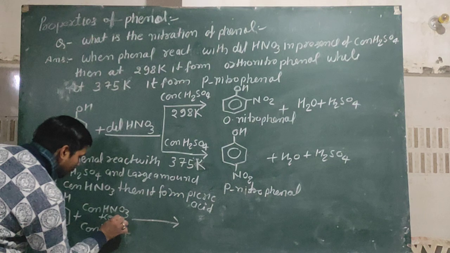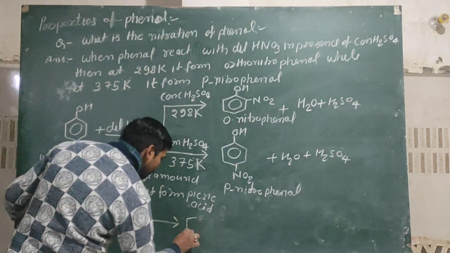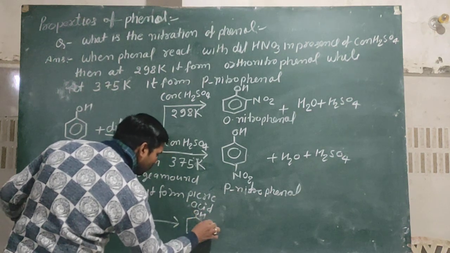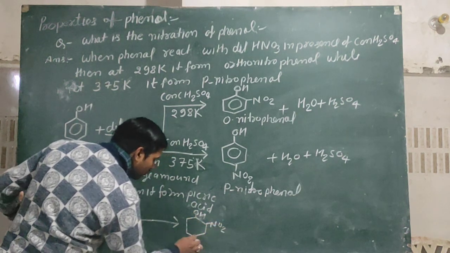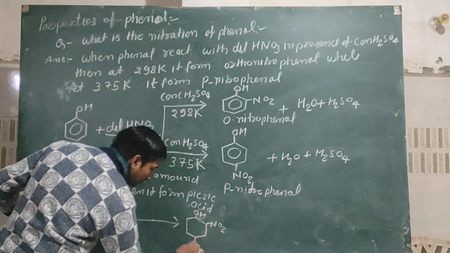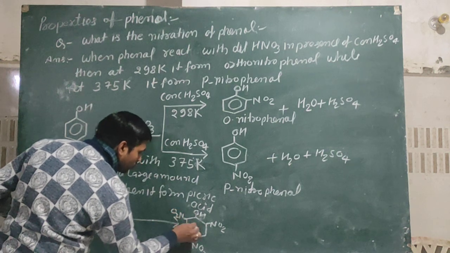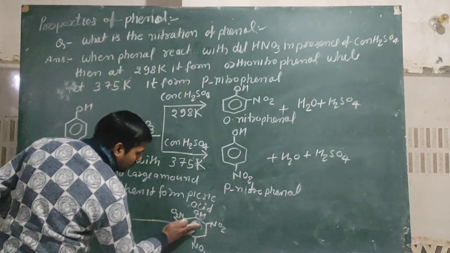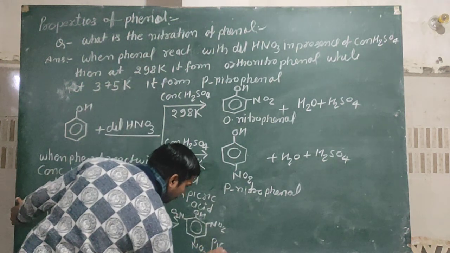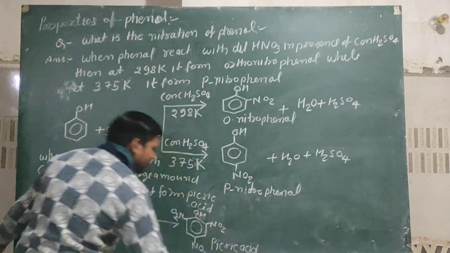It is an excess amount to form OH, NO2, and it is the picric acid.